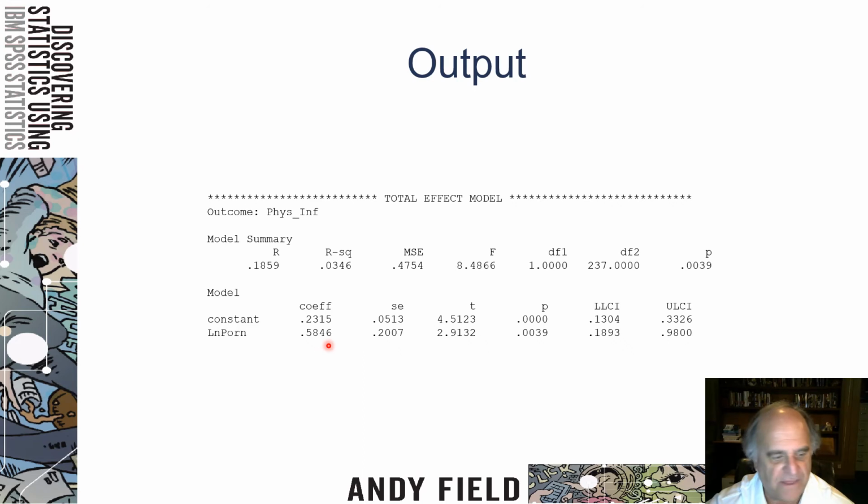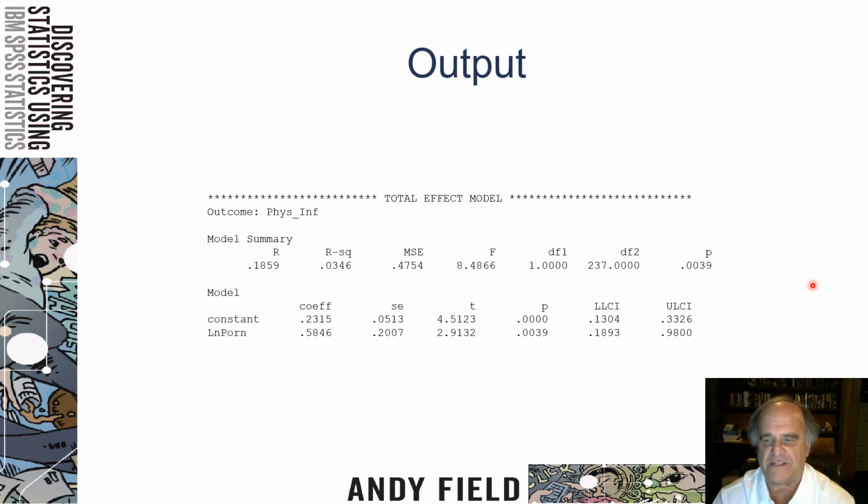And again, this would be the direct effect without controlling for the mediator, or what they're calling the total effect. So pornography, the B is 0.5846, standard error, T. The P is 0.0039. So again, it would be significant at the 0.05, 0.01 level. And then we get our confidence intervals.